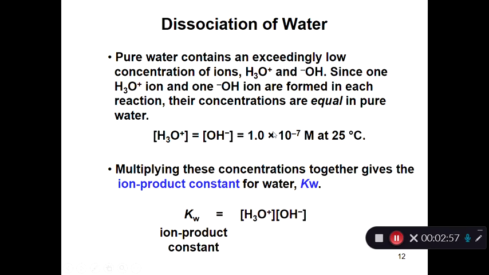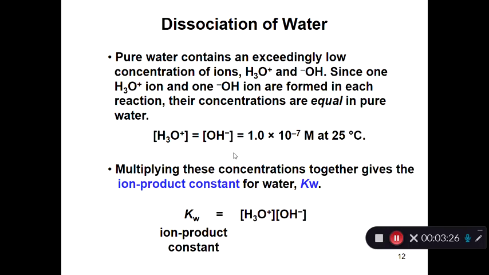If we formulate the relationship for the water molecule as a solvent in any solution, we end up with this one. The reason is that any solution means you add your solute to water as a solvent. For example, I add NaCl to water.